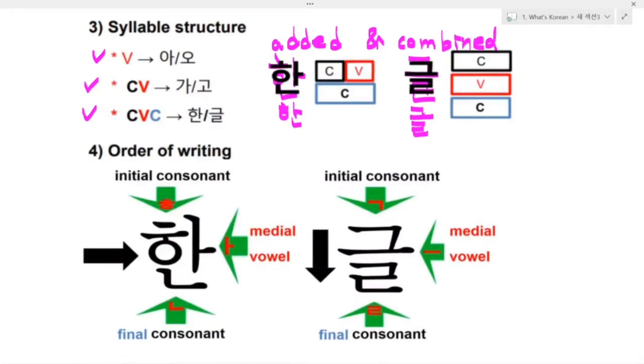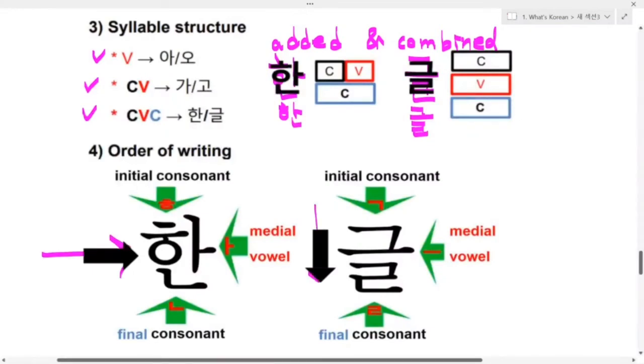These combination methods are regular and practical, making them easier to learn and fast to read. Also, most Hangul characters make one sound, unlike the alphabet. When you combine and write Hangul, write it from left to right, top to bottom.